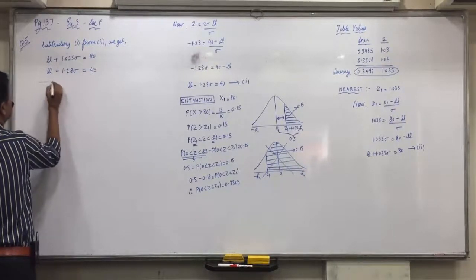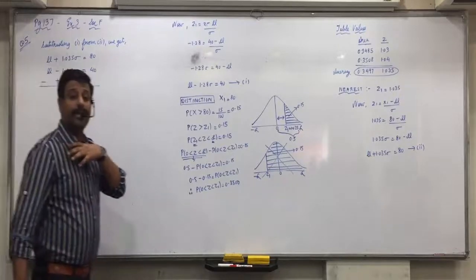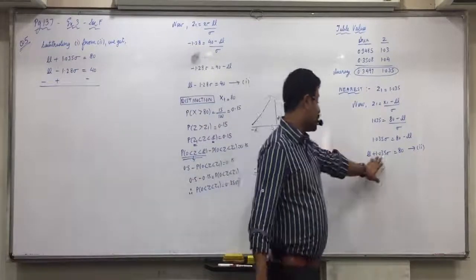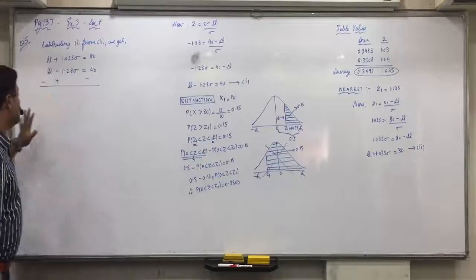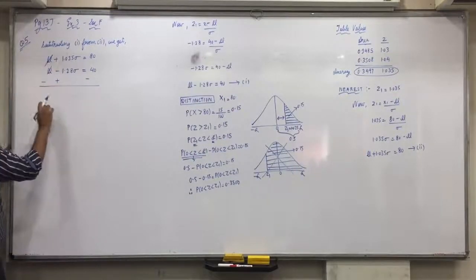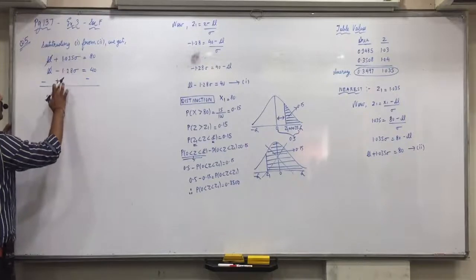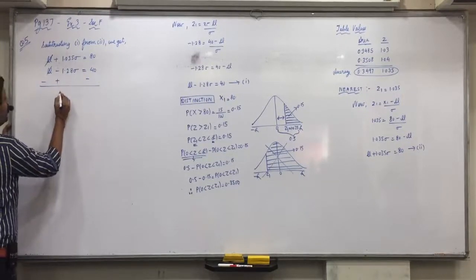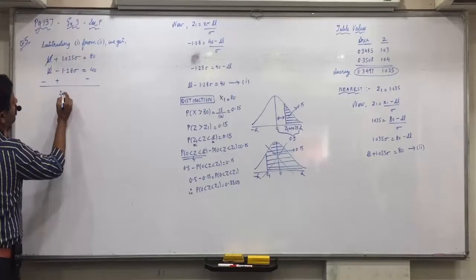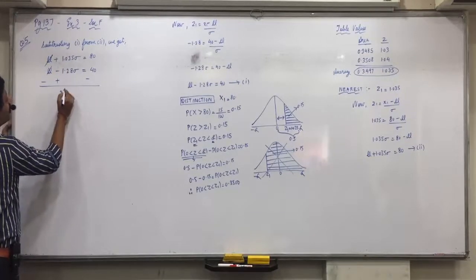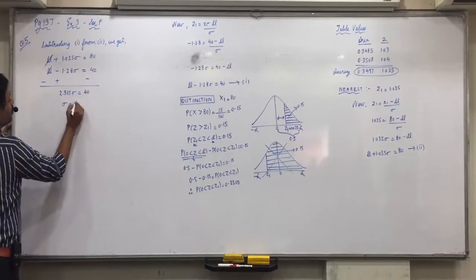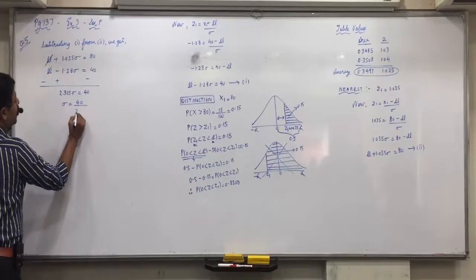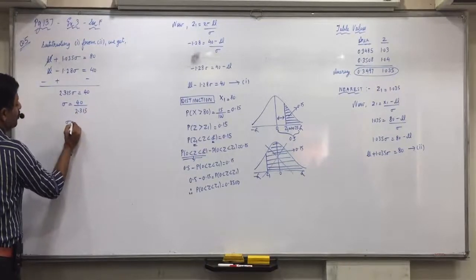If you subtract, all the signs will change. Alright, clear with this? Second equation minus first equation. So mu minus mu gets cancelled. 1.035 plus 1.28, 2.315 sigma equals 80 minus 40, that is 40. Sigma is 40 upon 2.315, 17.28.